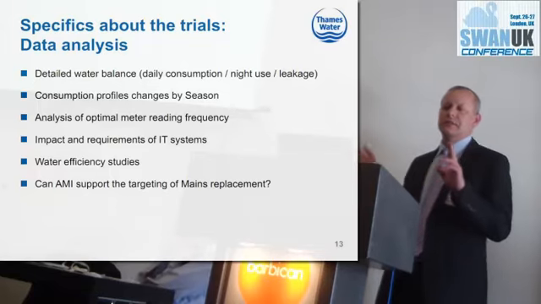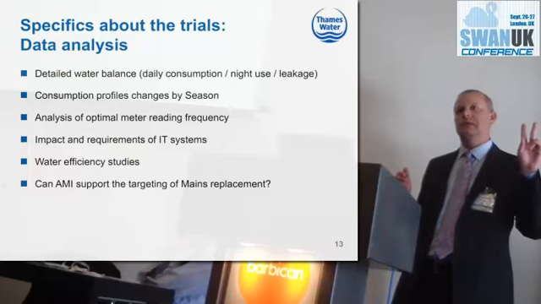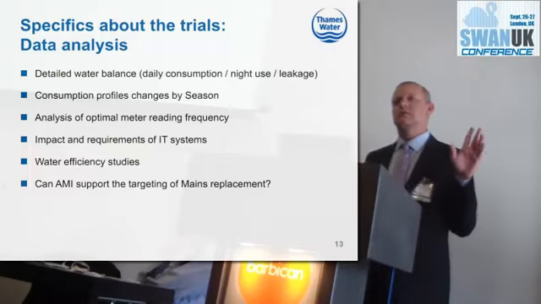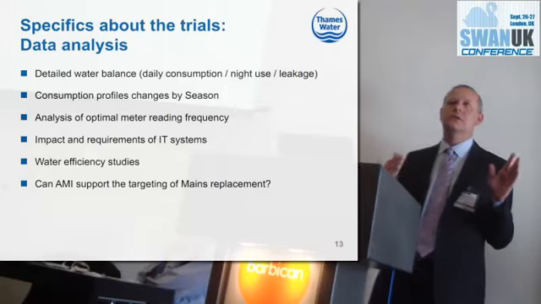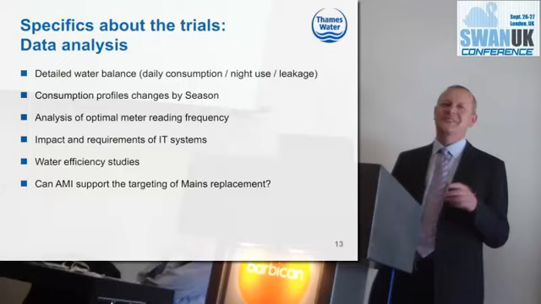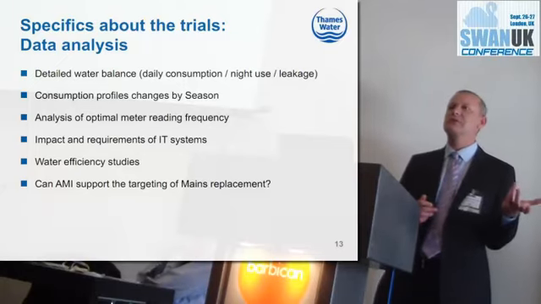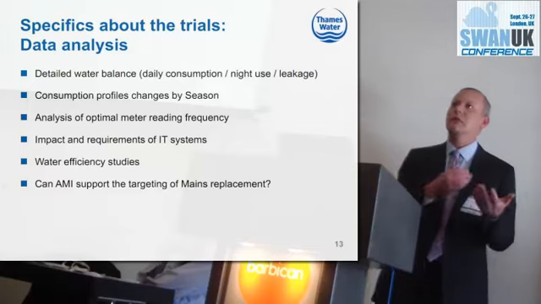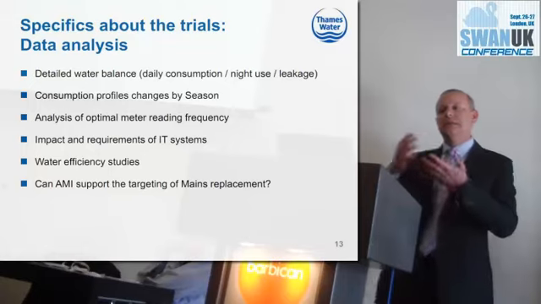Something I didn't mention about the two technologies we are using: the Ventus HomeRider solution is a one-way system, or what they call 1.5-way. So you can go there and reprogram the same units to become a walk-by system, or to change the reading frequency, but you have to go there.